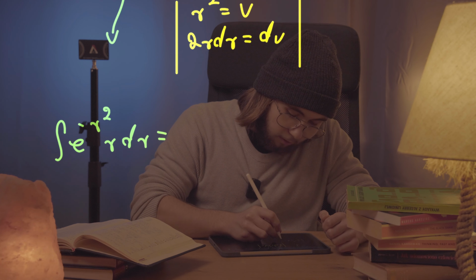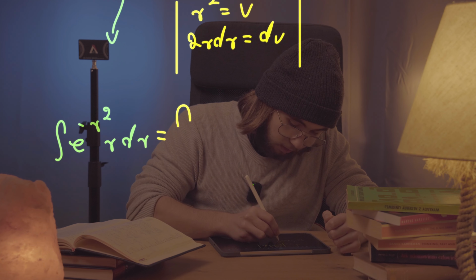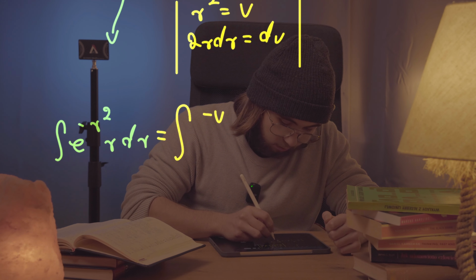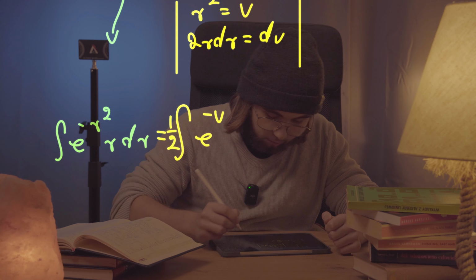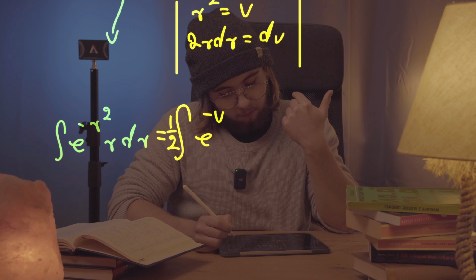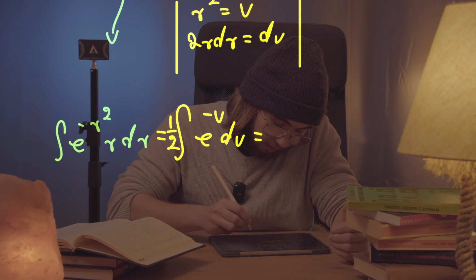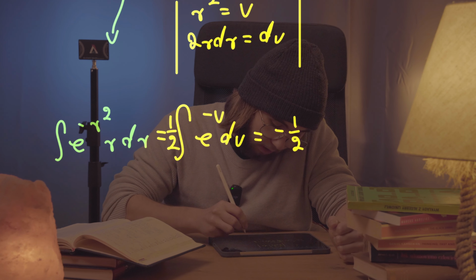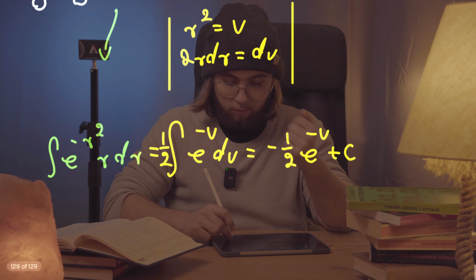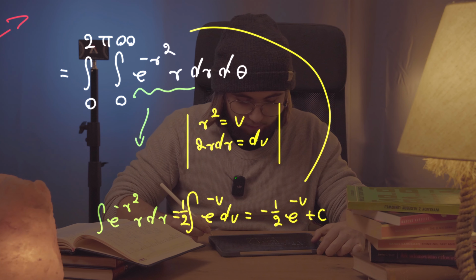And so this thing, by our substitution, is going to be equal to 1/2 of the integral of e to the power of negative u du. But this thing is just negative 1/2 e to the negative u plus a constant, but we won't really care about this constant when we plug this thing into a definite integral.